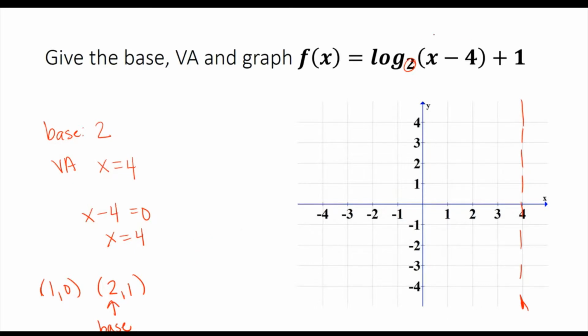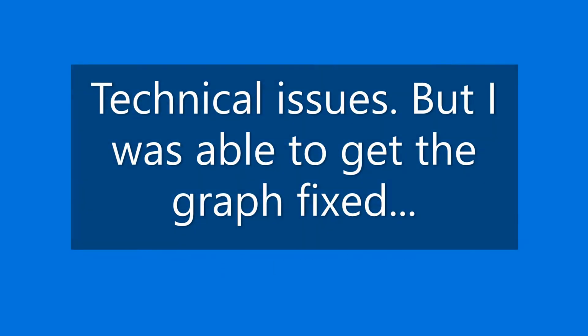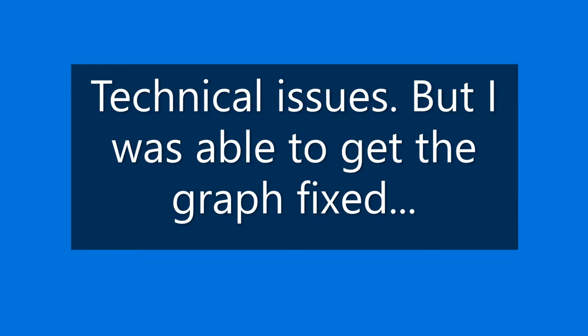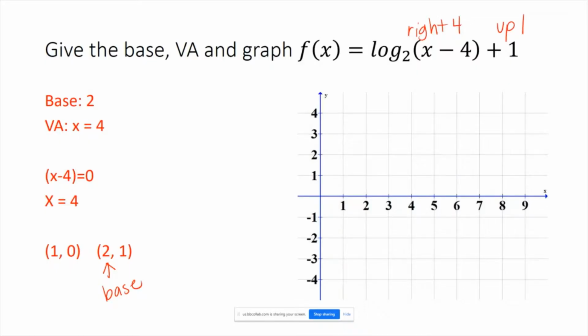So in my equation right here, this x minus 4 means that I need to go right 4. And this plus 1 means I need to move up 1. Let's graph this. I like to start by plotting my vertical asymptote. And then I'm going to take these two coordinate points, 1, 0, and 2, 1.